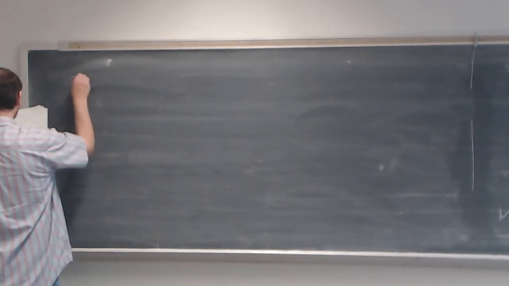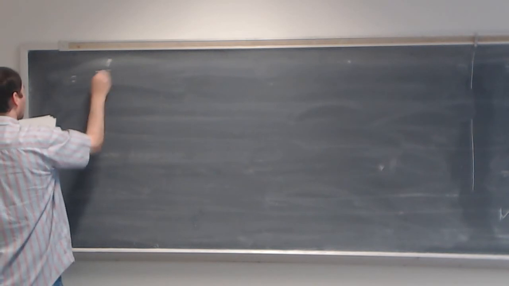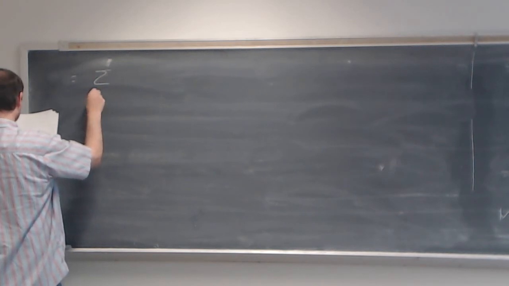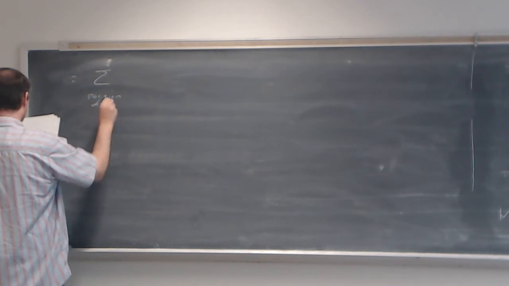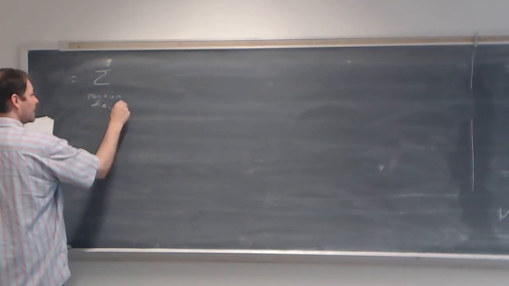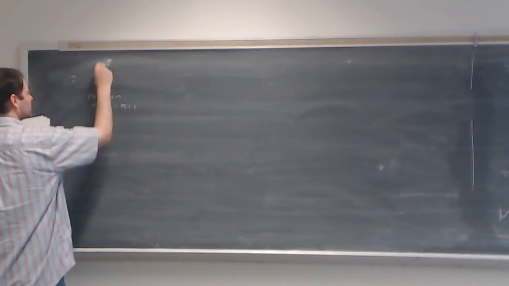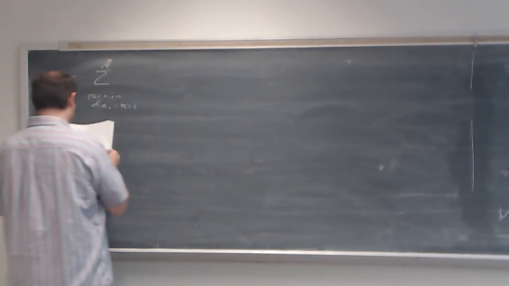That's equal to the sum over the position of E_I, which I'm going to indicate by the index K, and K runs from 1 to n.